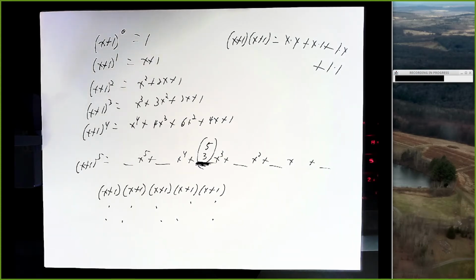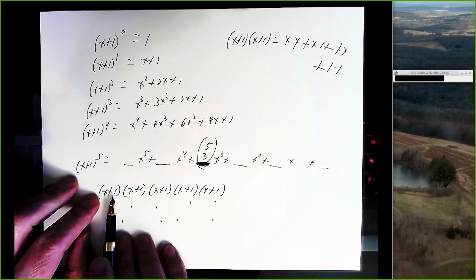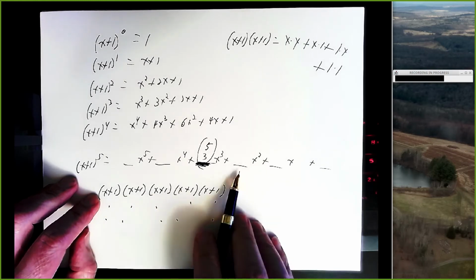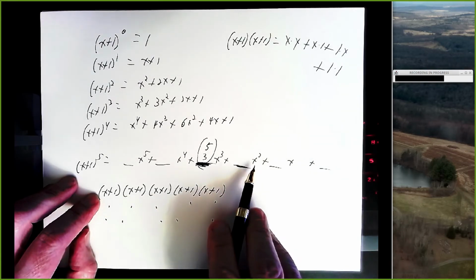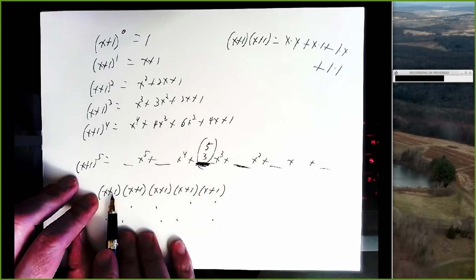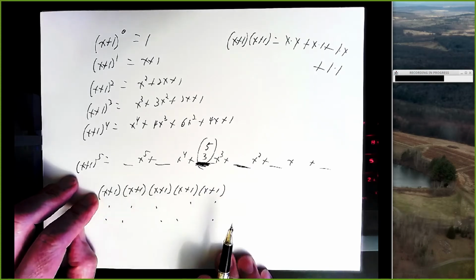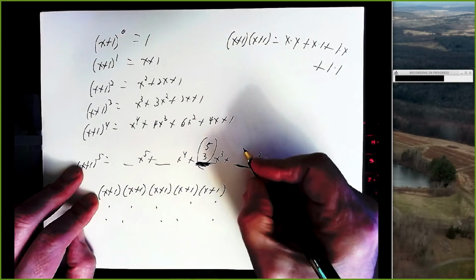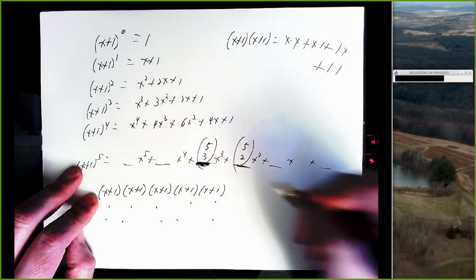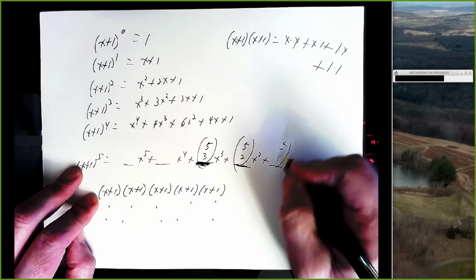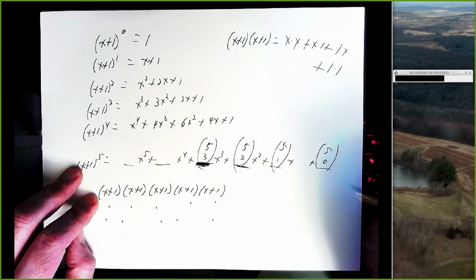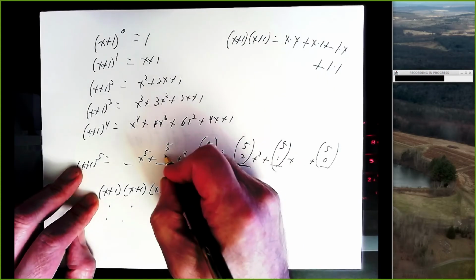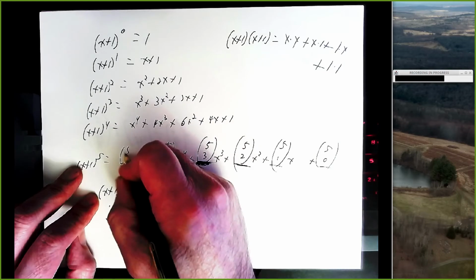If I want to know how many different versions of picking either an x or a 1 from each of these will leave me with a coefficient in front of x squared, it's the number of ways that I can choose 2 of these 5 things to pick an x from. And so this is going to be 5 choose 2. And this will be 5 choose 1, and this will be 5 choose 0. And this will be 5 choose 4, and this will be 5 choose 5.